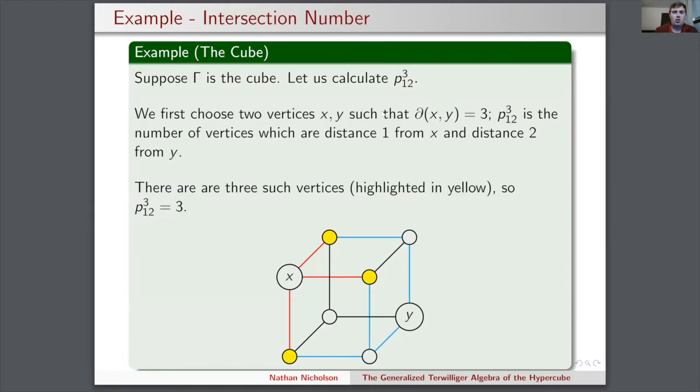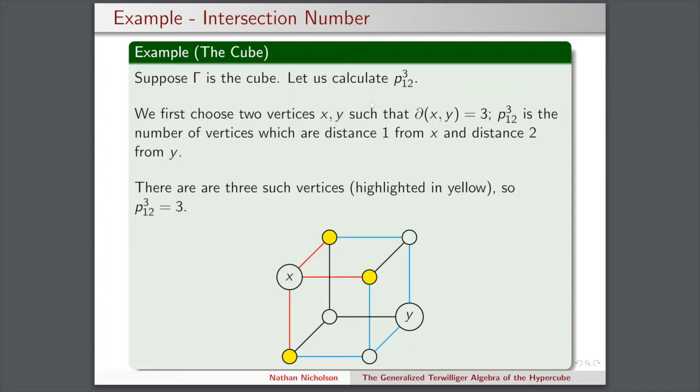You can see they're opposite corners in the diagram, and pick them such that the distance is 3. So p^3_12 is going to be the number of vertices which are distance 1 from x and distance 2 from y. You can see that there's 3 vertices that satisfy those conditions. They're highlighted in yellow. Therefore, p^3_12 equals 3.